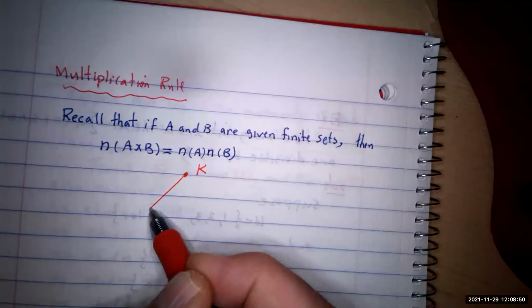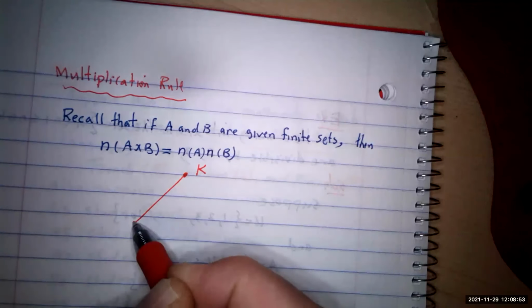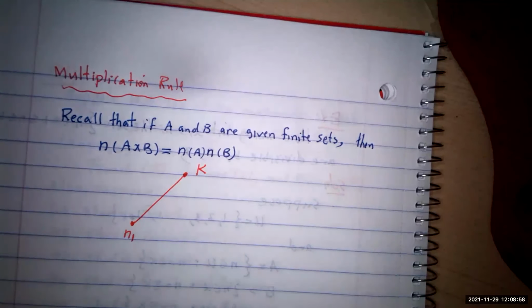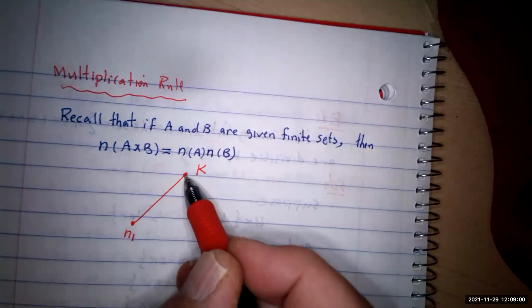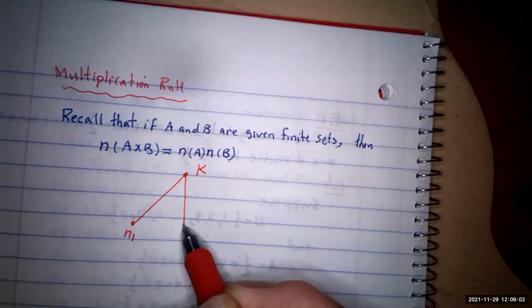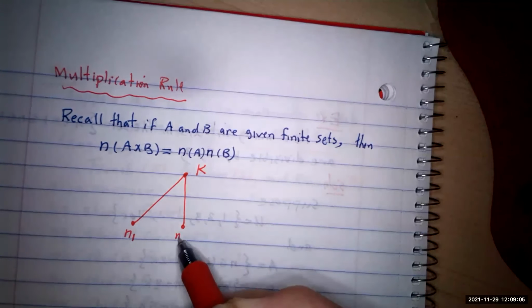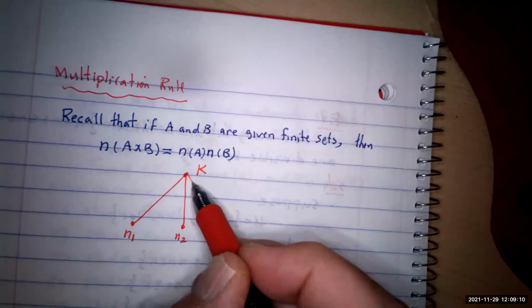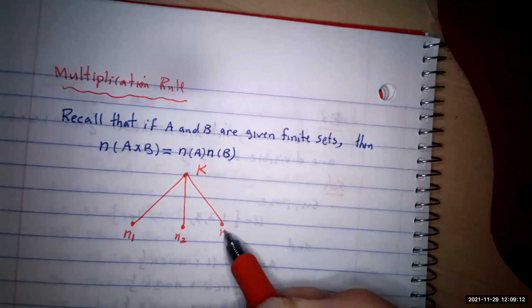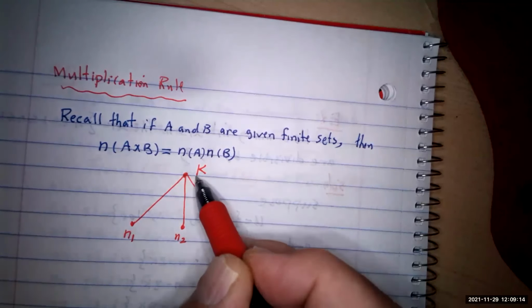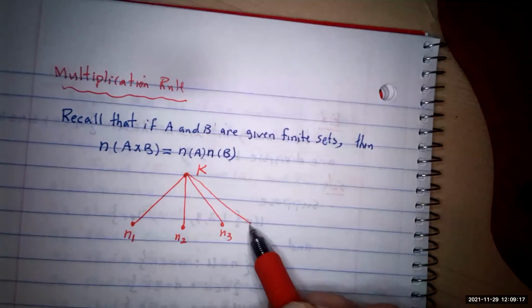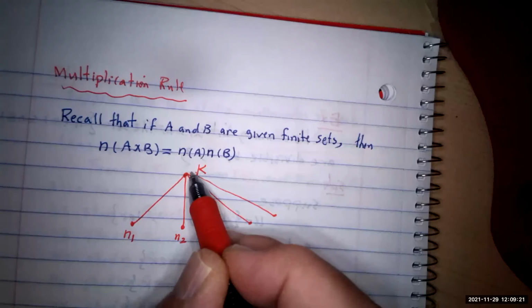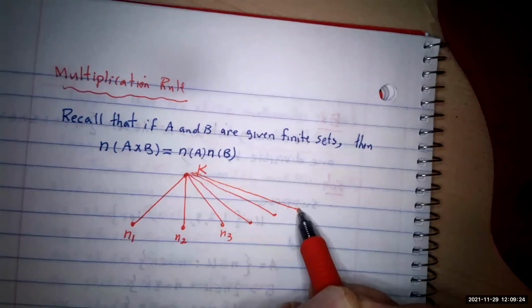How many ways can you pick from this first set? We're going to call it N1. Then you have the second set. How many ways can you pick from the second set? It's going to be N2. You know, 2 times 3, 6, for example. But if you continue, if you have N3, then you can go on forever. Or sometimes you end up with what we call Nk.